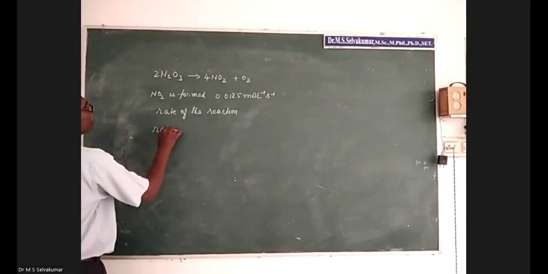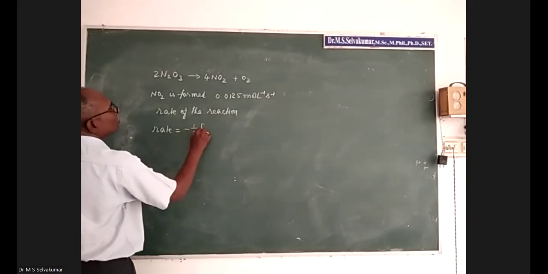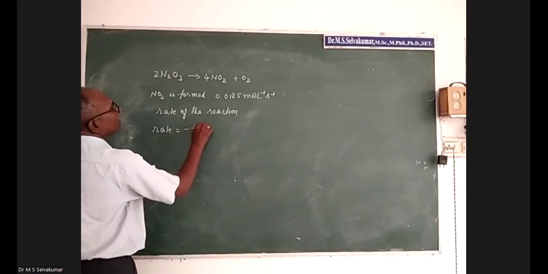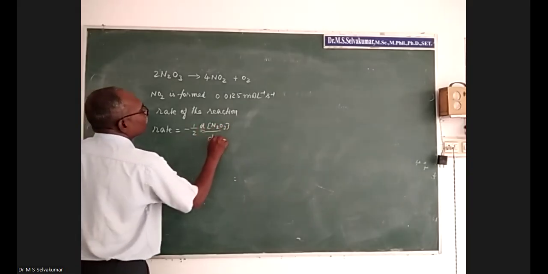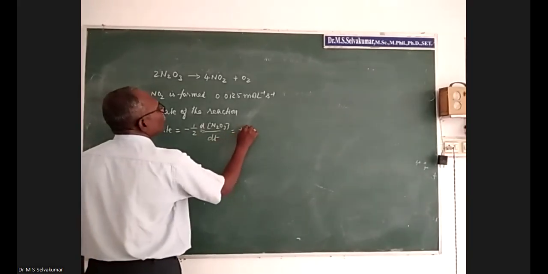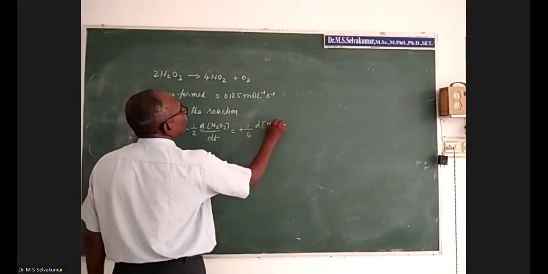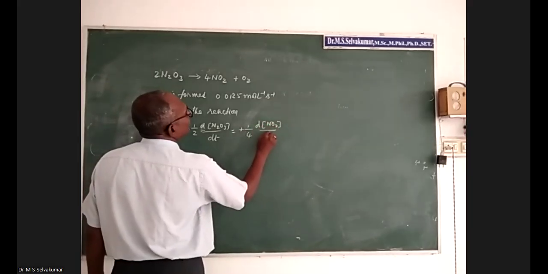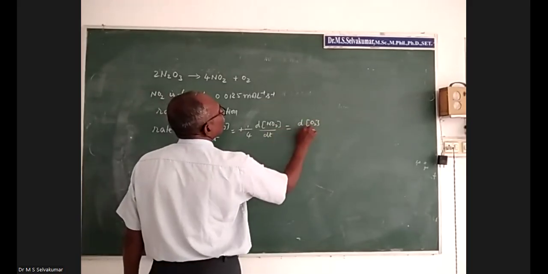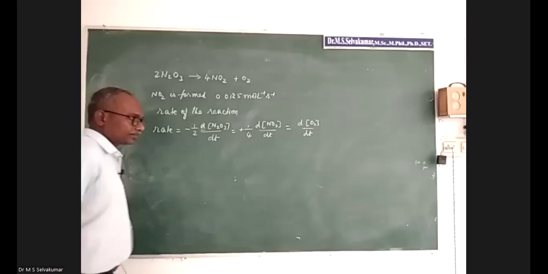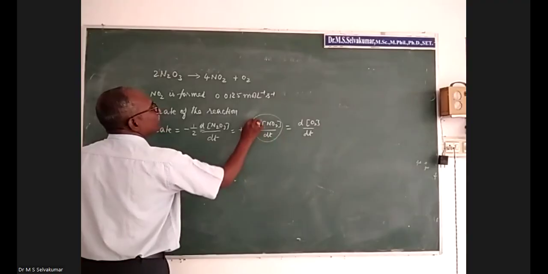The rate of this reaction is minus 1 by 2 d concentration of N2O3 by dt, which is equal to plus 1 by 4 d concentration of NO2 by dt is equal to d concentration of O2 by dt. This is the general expression. Now what is given is this.